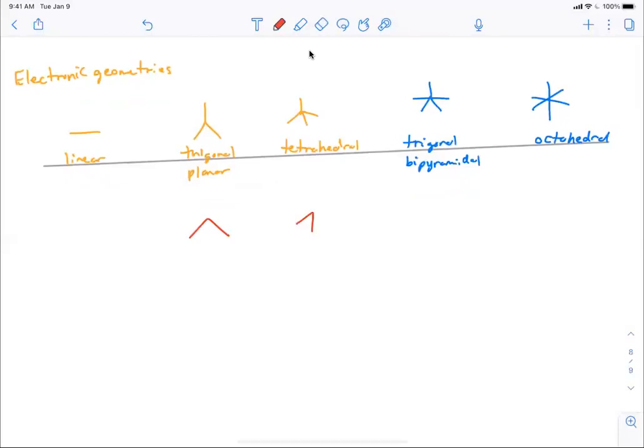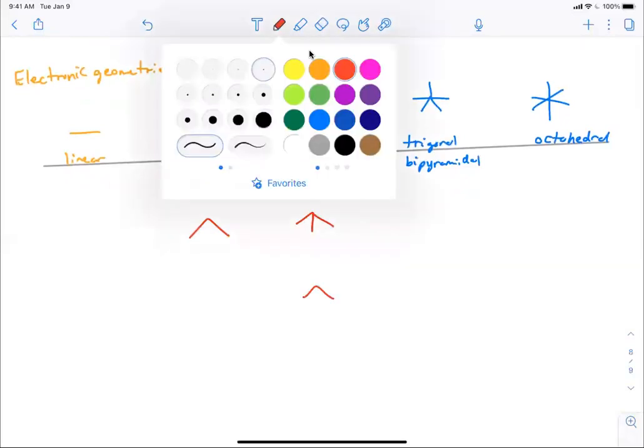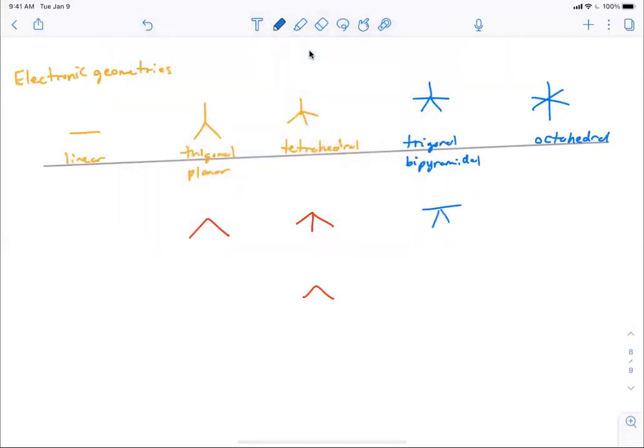And this is why I draw it this way, to help you visualize what's happening in these structures. Because if you write the electronic geometries and you just start removing lines in a specific manner, then you can figure out all the other shapes without having to memorize every single term and every single descriptive shape.